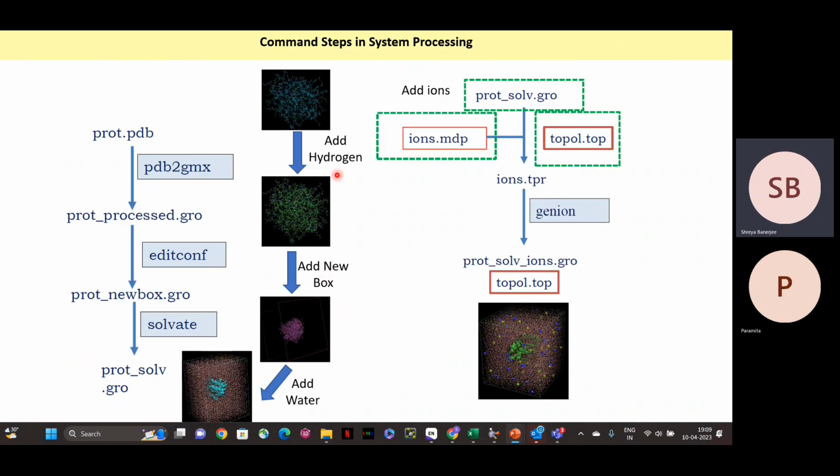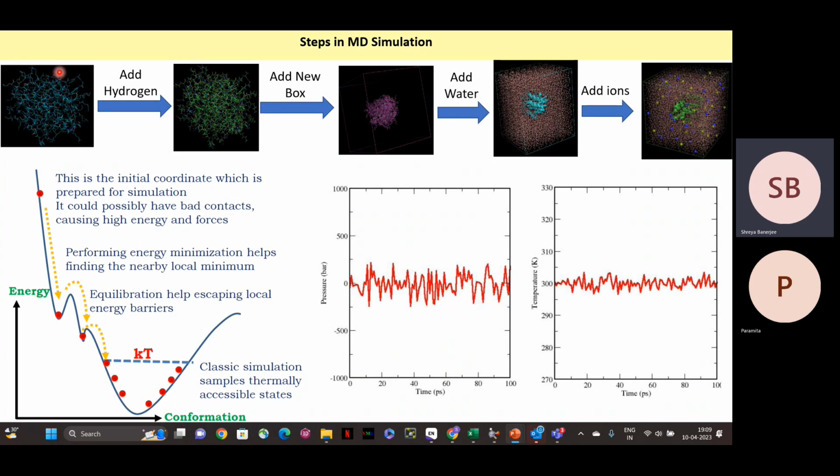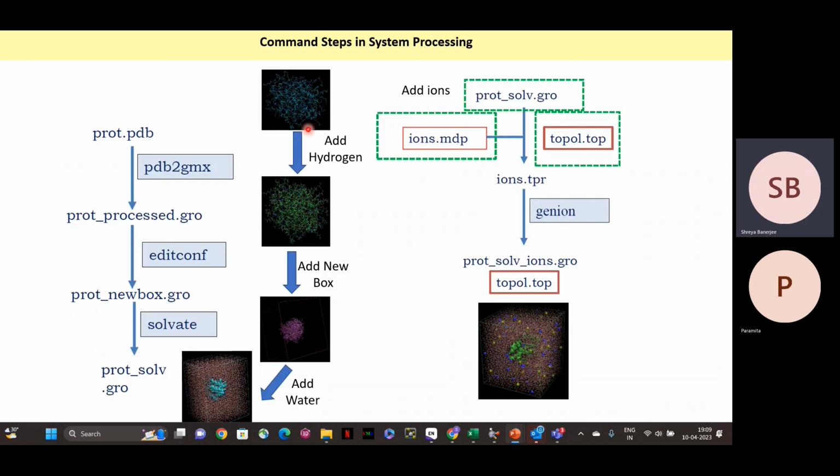There are many commands. There is software called GROMACS, which is generally used for energy minimization, and there are several commands to carry out the steps that we had discussed in this slide. For adding the hydrogens, the command is pdb2gmx, and for adding the box around it, there is a command called editconf.